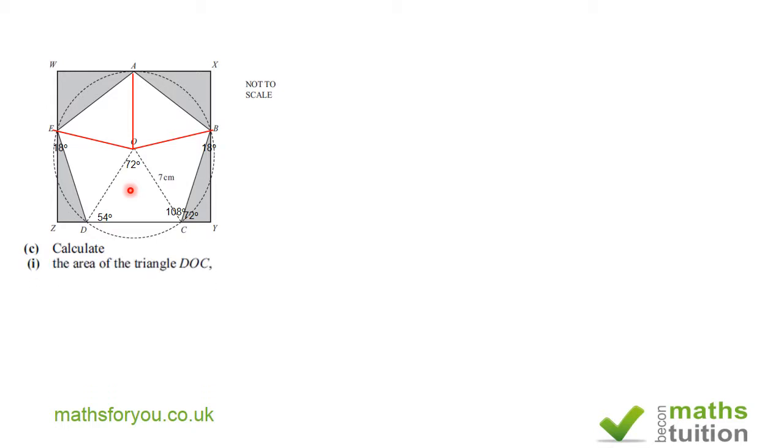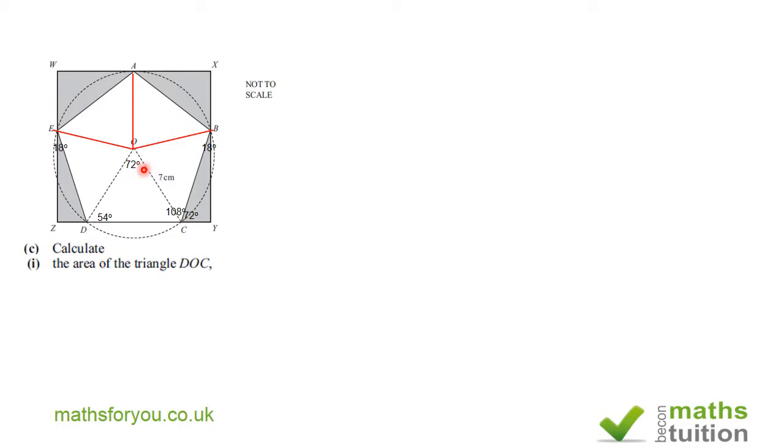So calculate the area of triangle DOC: we know that this radius is 7 centimeters. This radius is also 7 centimeters, because the radii are equal, and between them they subtend the angle of 72 degrees.